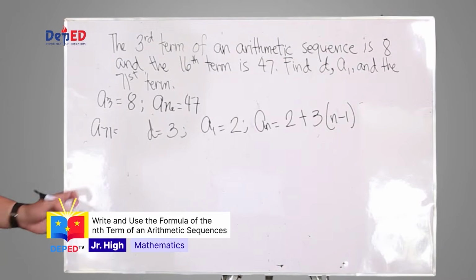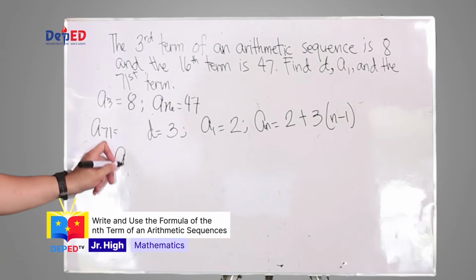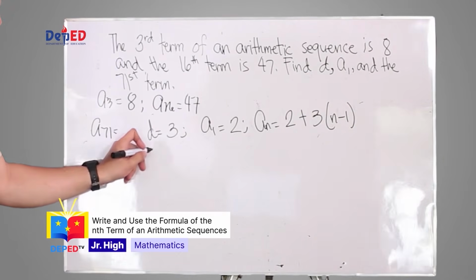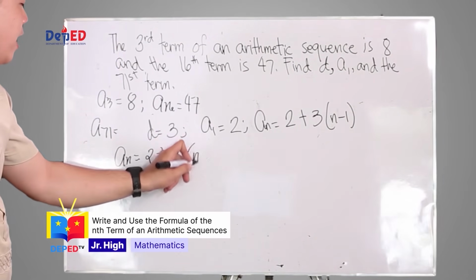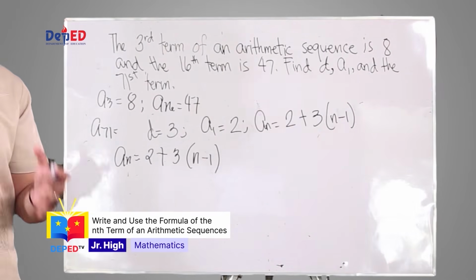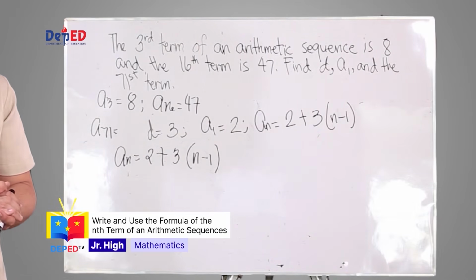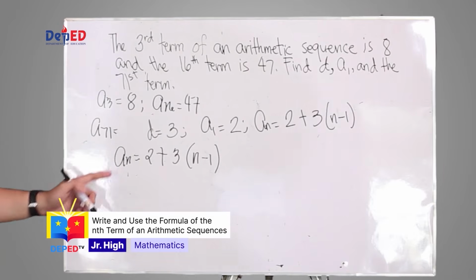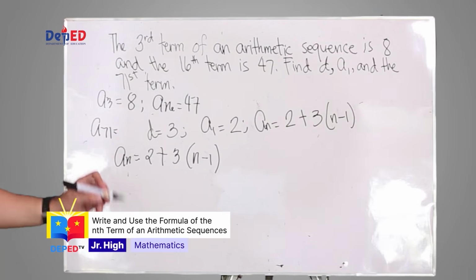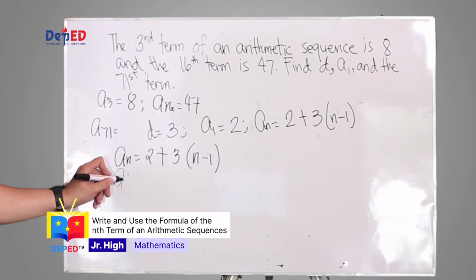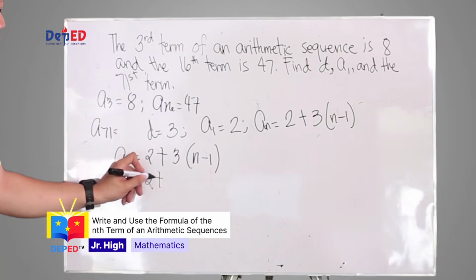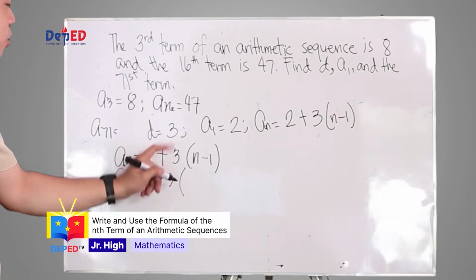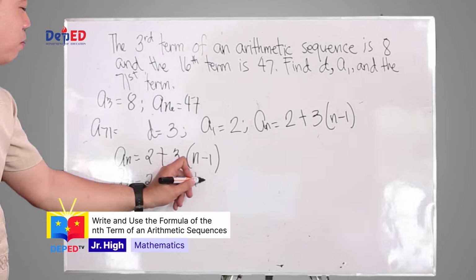We will use, again, a sub n is equal to 2 plus 3 times n minus 1. Again, we are looking for the 71st term, so we will substitute 71 for our n. So that's a sub 71 is equal to 2 plus 3 times 71 minus 1.